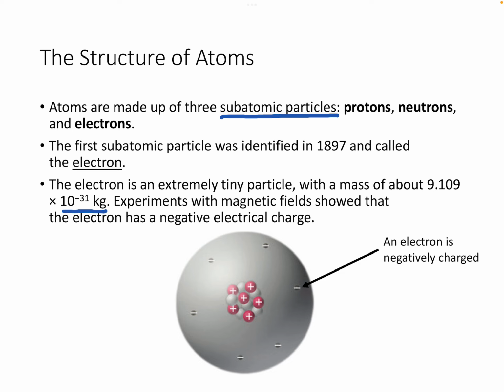And experiments with magnetic fields showed that the electron has a negative electrical charge. So electrons are negatively charged, and you'll notice in the figure that they're sort of floating around the outside of the atom. So we call that an electron cloud typically.